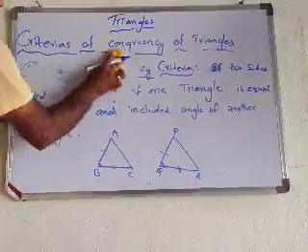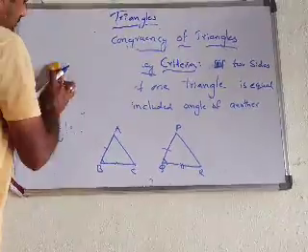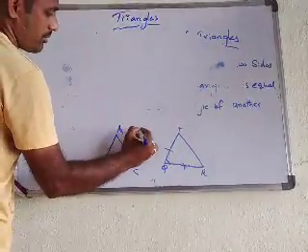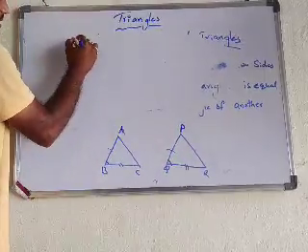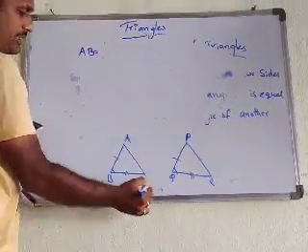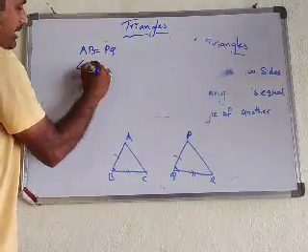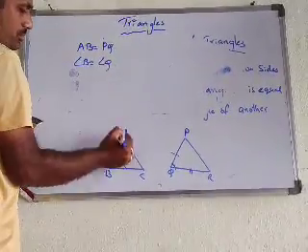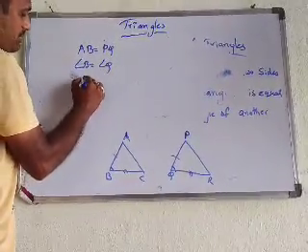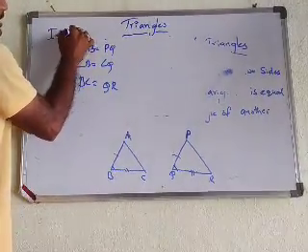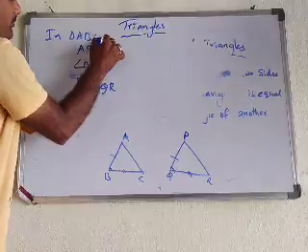Now here we can say that AB is equal to PQ and angle B is equal to angle Q and BC is equal to QR in triangle ABC and PQR.